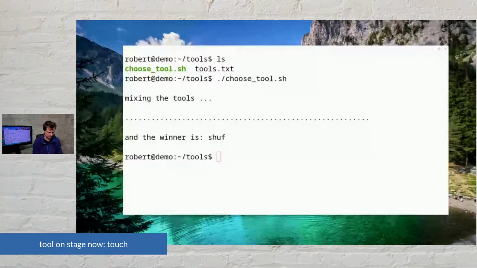If you want to, you can choose what timestamp to set. Touch --help. You see, you can say that you want to change only the access time, or only the modification time.